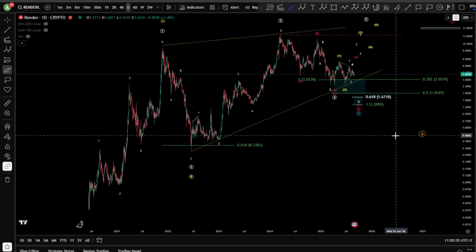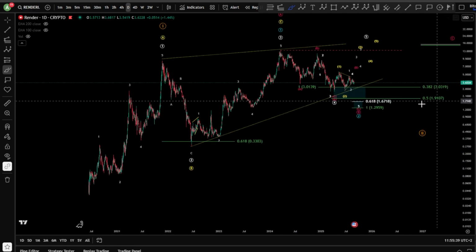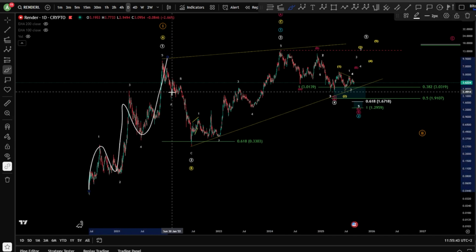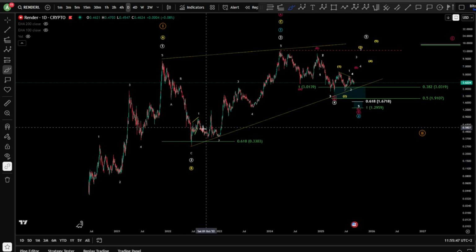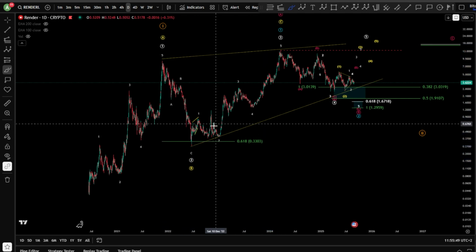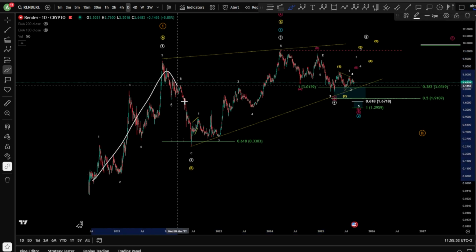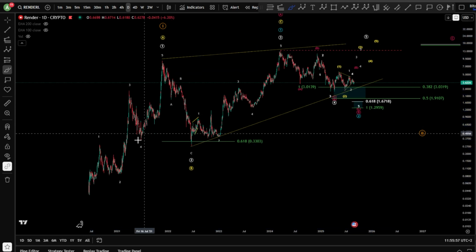So for Render on the daily here, we are still, of course, in a bullish scenario, with a much higher possibility than a bearish one. We have 1, 2, 3, 4, 5 as a wave 1, wave A, ABC for a wave 2 or a wave B, and continuation towards the upside, another impulse and a correction, meaning whether you are in a 1, 2, 1, 2, and wave 3 is unfolding for higher.